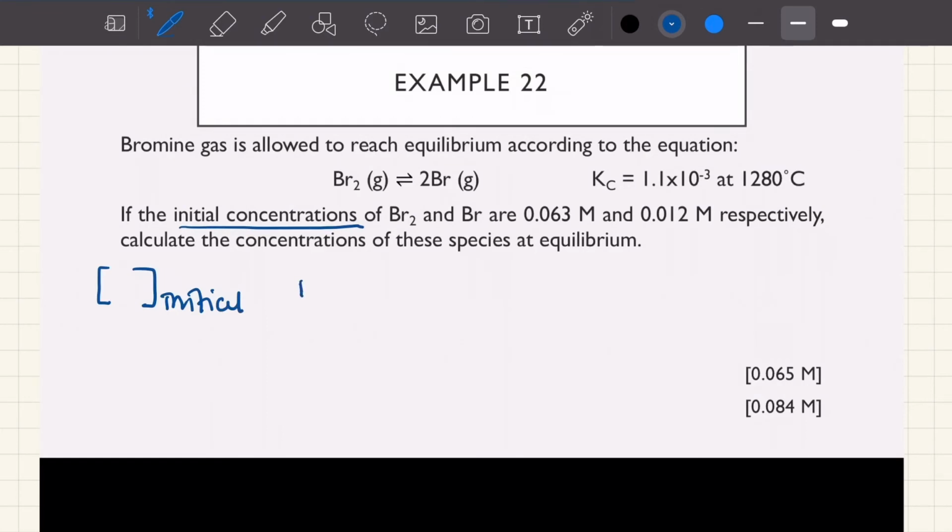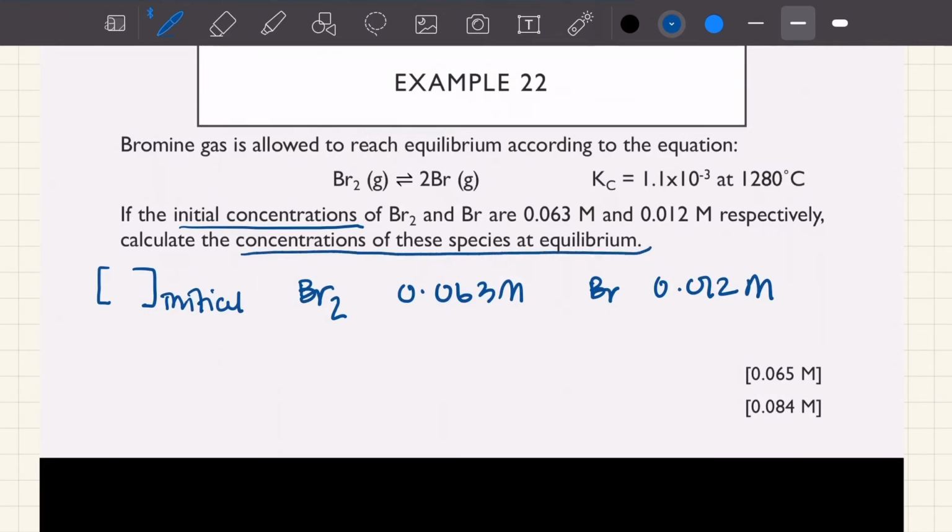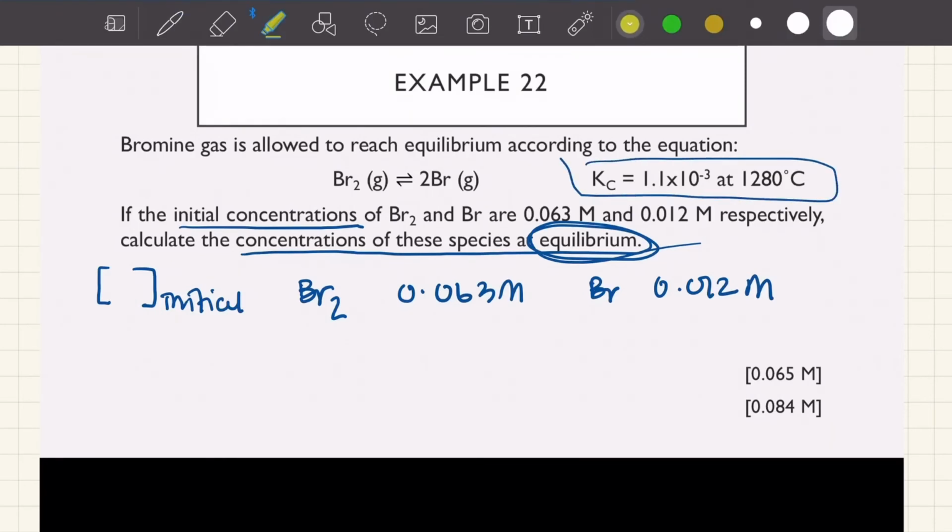Alright, of Br2, 0.063 molar and Br you have 0.012 molar. Okay, and then it asks to calculate the concentration of these species at equilibrium. Okay. So, for this question, you are given Kc juga. Okay, Kc.